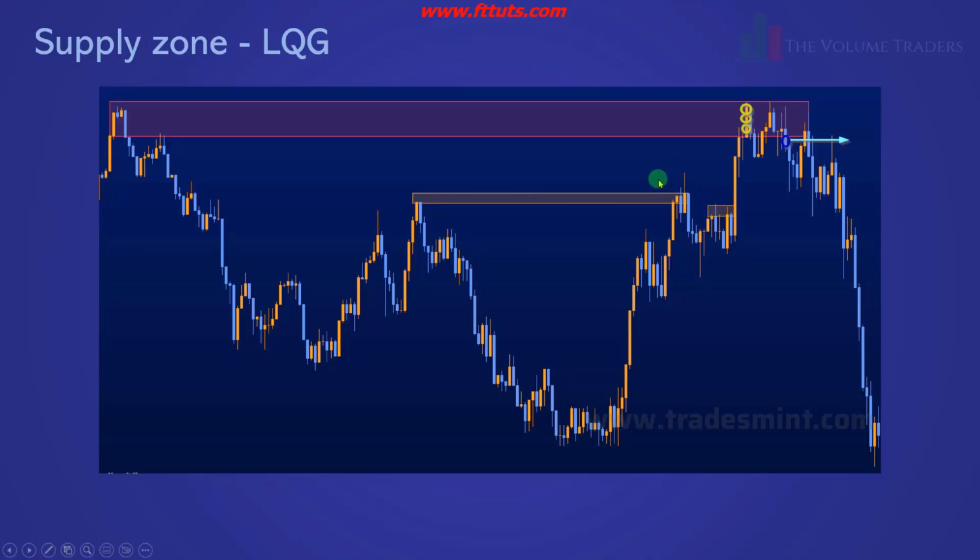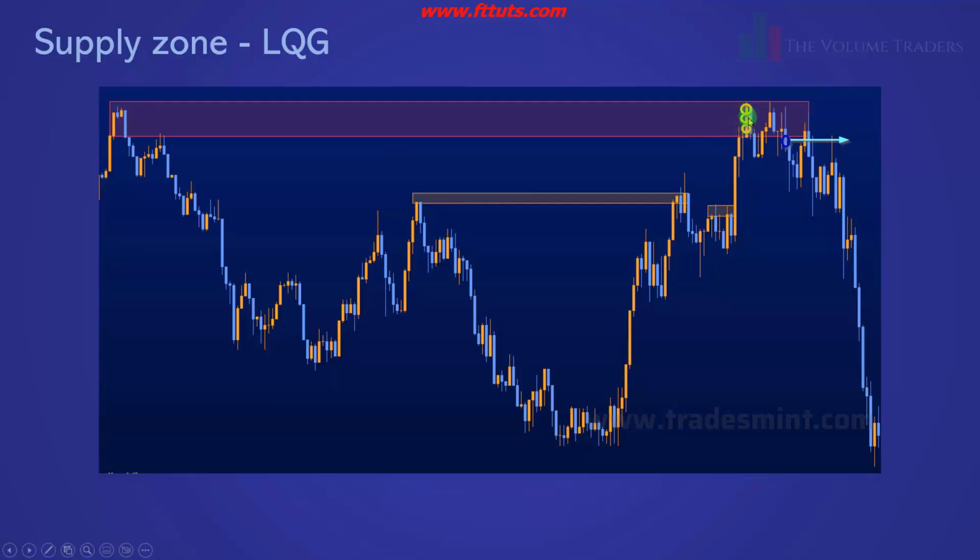I think that institutions are smarter than all of us, and definitely their algorithms as well, and they're placing orders above to hit these stop losses, to manipulate these people. And again, if we had reaccumulation here, looking for another supply, price is going here for distribution, and we see the very hard move up and back down.